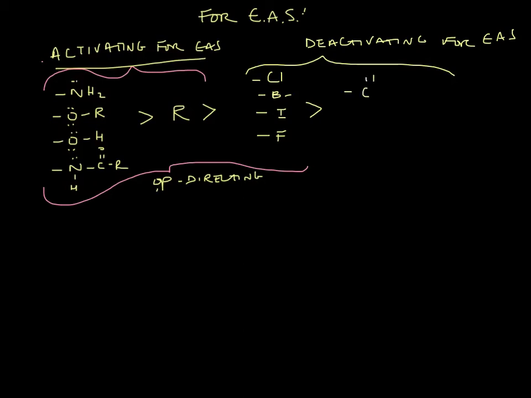Carbonyls of any type, so whether they're carbonyls of a ketone, carbonyls of an aldehyde, carbonyls of a carboxylic acid, or the carbonyl of an ester, these guys are also going to be deactivating, but they are going to be meta-directing.